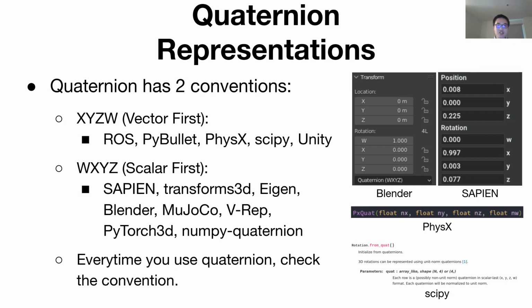And this convention is used in ROS, PyBullet, PhysX, SciPy, and Unity. As you can see, they are all very popular software. And the second convention is the WXYZ convention, which is used in Sapien, Transforms3D, Eigen, Blender, MuJoCo, VRAP, PyTorch3D, and NumPy quaternion. And these are also some very popular packages.